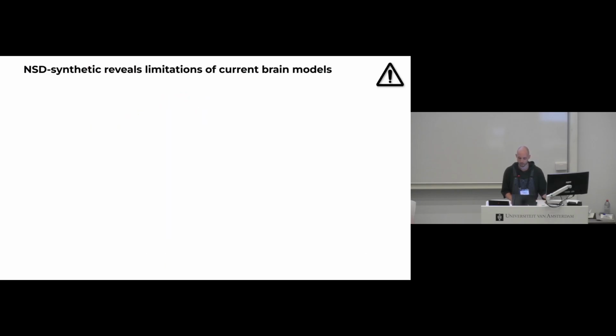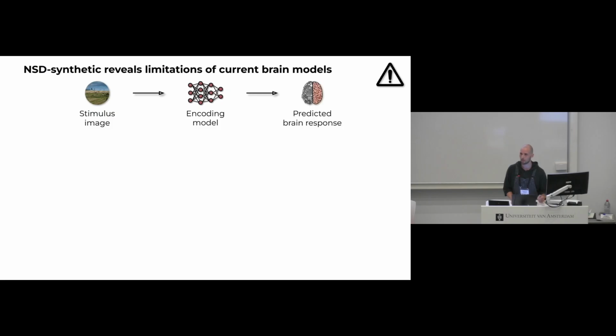Having established that NSD synthetic is out of distribution with respect to NSD core, we next ask whether NSD synthetic is useful for revealing limitations of current computational models of vision in the brain. As computational models, we used encoding models, predictive algorithms that take stimuli as input and predict the corresponding brain responses.